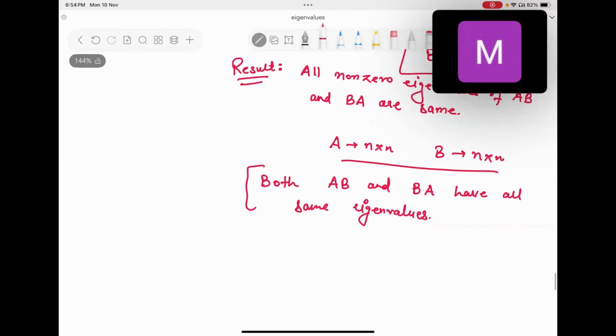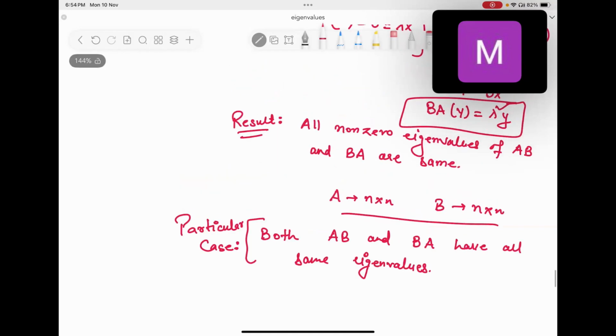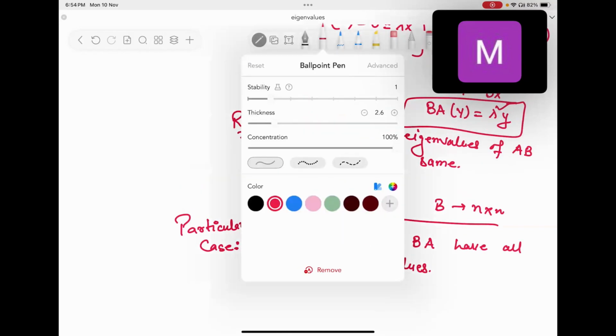So this is a particular case, if the orders of A and B are the same. But in general, we can say something about non-zero eigenvalues, but for zero eigenvalues, we cannot say anything.